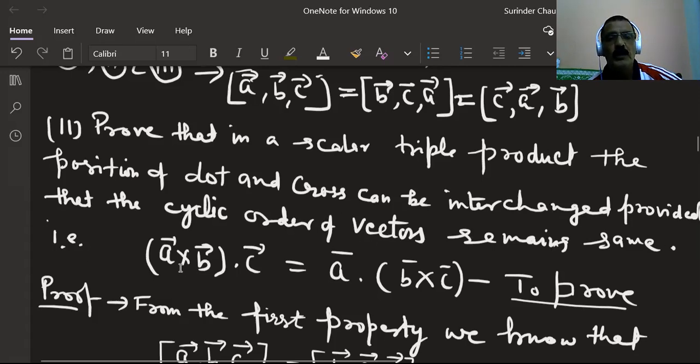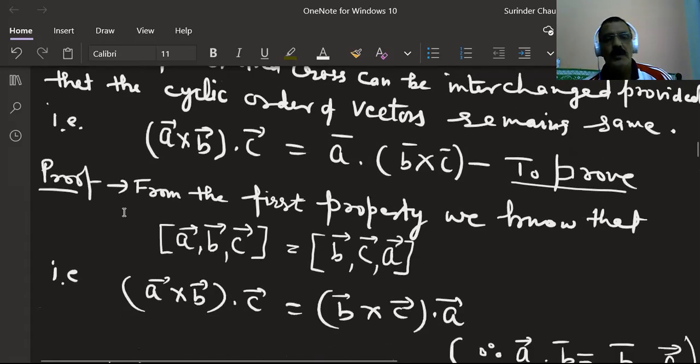That is, to prove the scalar triple product of ABC is equal to the scalar triple product of BCA. That is, we have to prove A cross B dot C is equal to A dot B cross C. For the proof of this, we will use the first property.